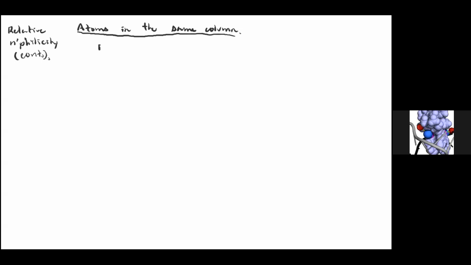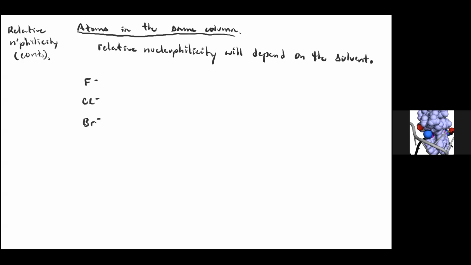Okay, and so if we're considering the halides, for example, fluoride, F minus, chloride, bromide, and iodide, we can then say, okay, what are the pKa's of the conjugate acids?